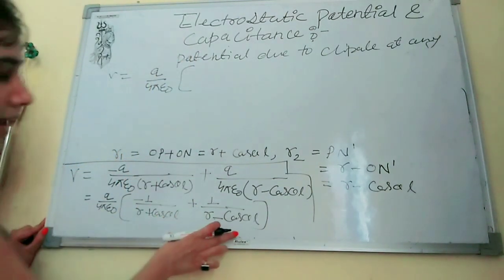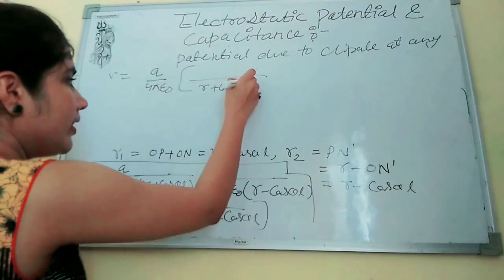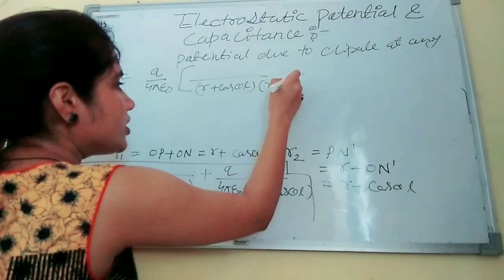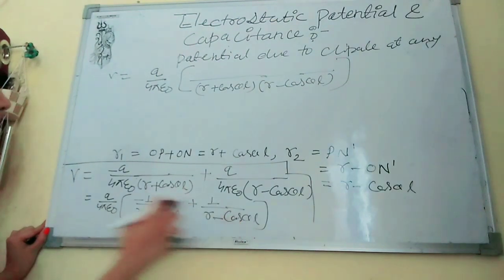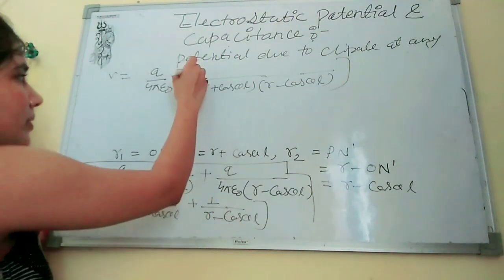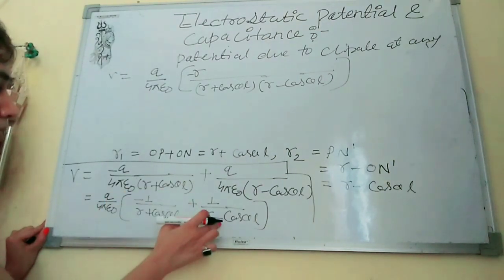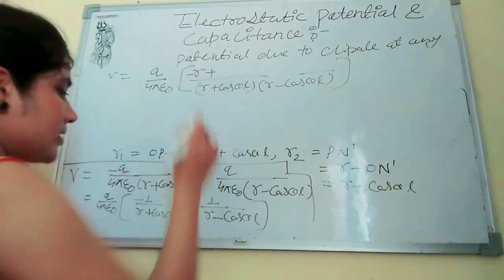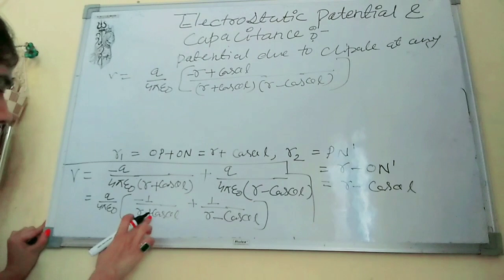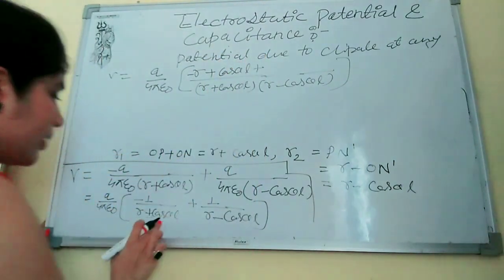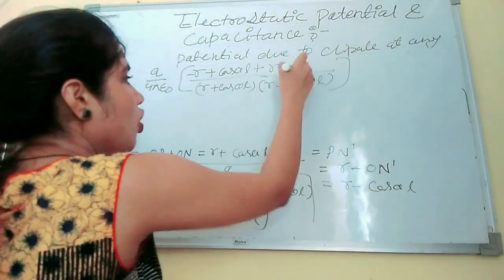We simply take the LCM, so it will become R plus L cos theta and R minus L cos theta. And this R minus L cos theta will be multiplied with this, so this will be minus R, because minus and plus will become minus, and this minus minus will become plus, then plus L cos theta. And this R plus L cos theta will simply multiply with this one, that will become R plus L cos theta.